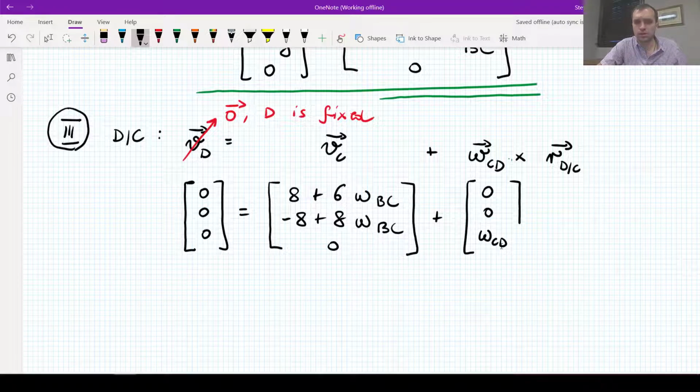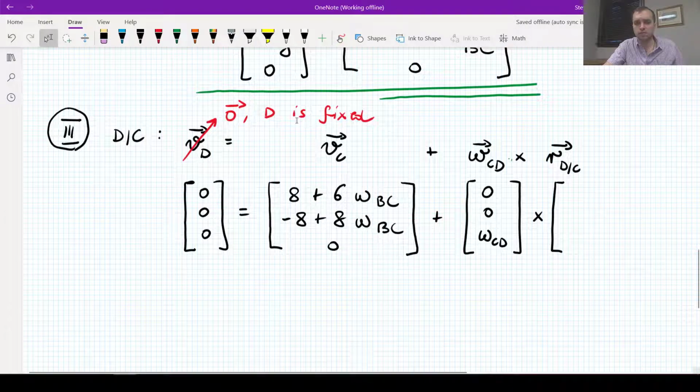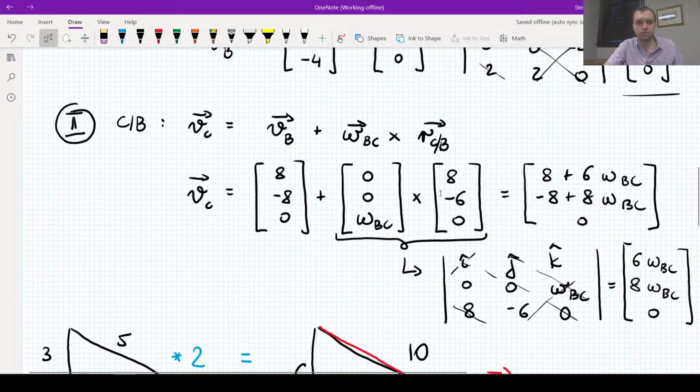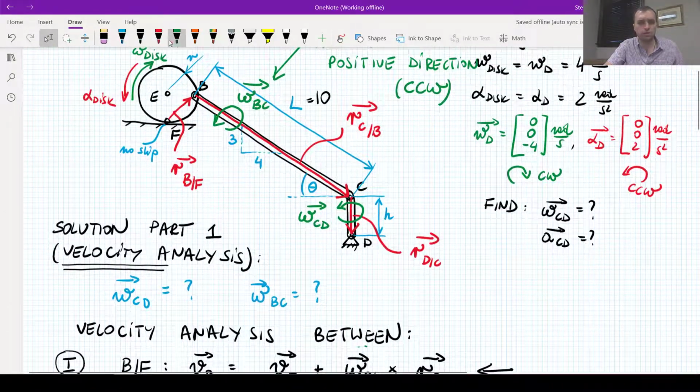Just recall again that we assume that CD had positive direction, times components of this vector, RDC.